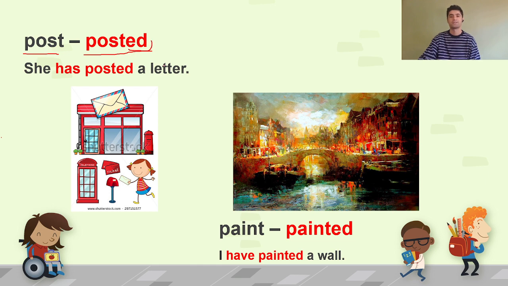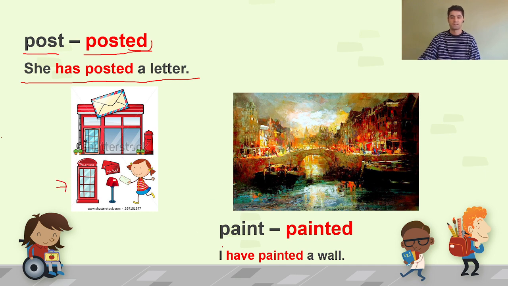We add ed at the end of the verb. In the example sentence, she has posted a letter. In this picture, you can see she has posted a letter, right?